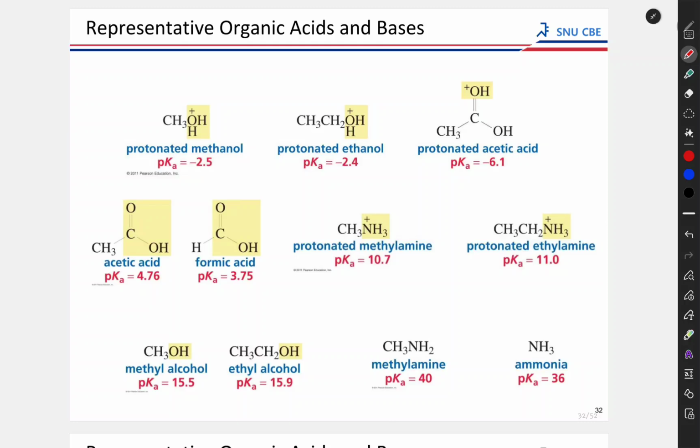What about amine, and protonated amine in particular? Its pKa is around 10 or 11. The neutral form of alcohol, as you probably know, has a pKa of around 15 or 16, and you know the value for water. And methylamine, pKa is 40, ammonia 36.